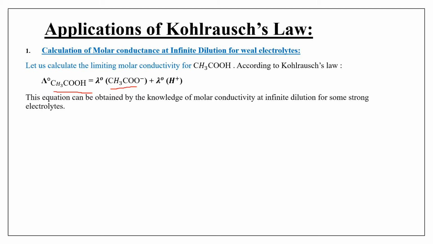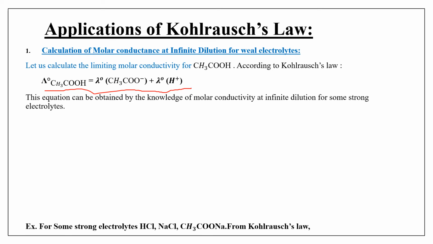This equation can only be obtained if we have the knowledge of the molar conductivity at infinite dilution of strong electrolytes. So to obtain this particular equation, we have to combine some equations of strong electrolytes. From combining the molar conductivities of strong electrolytes, we can get the molar conductivity of a weak electrolyte. So this is the application of Kohlrausch law.